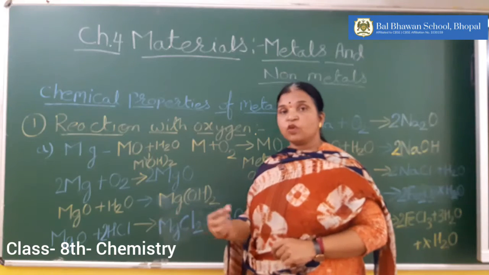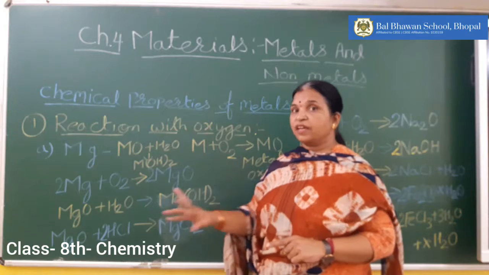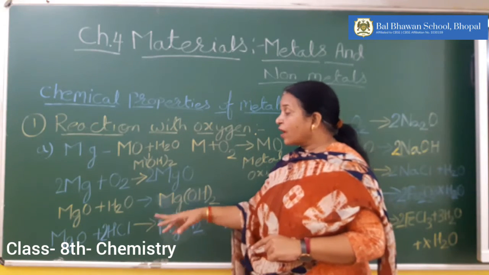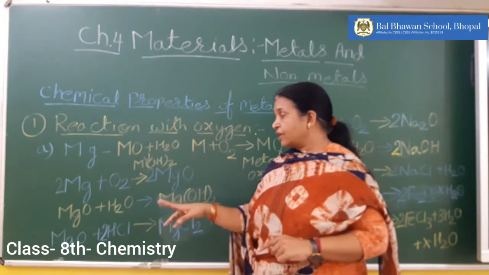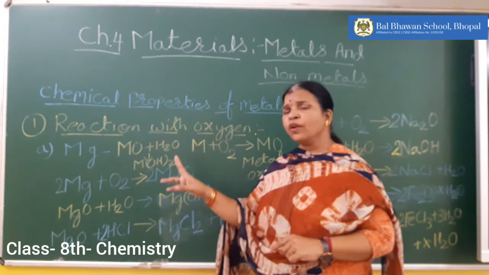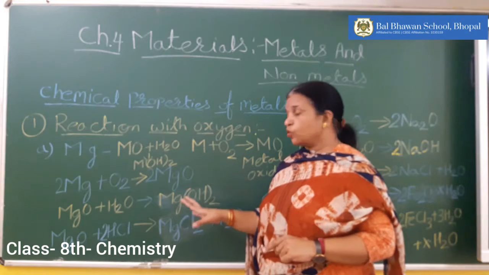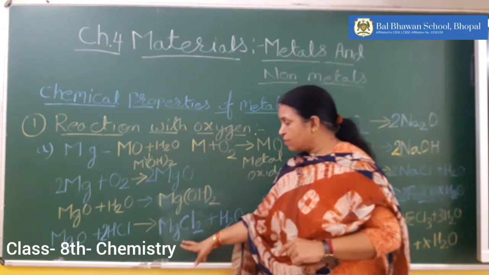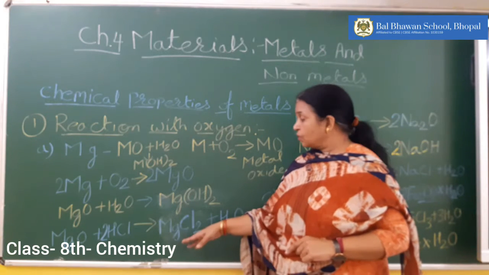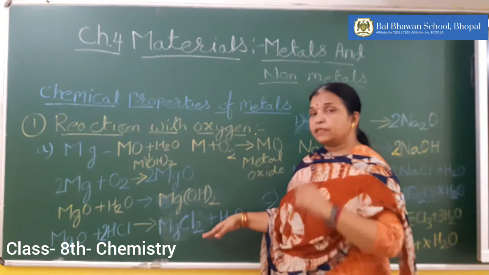Magnesium oxide dissolving in hydrochloric acid indicates that it reacted with the acid. We already know that when any basic substance reacts with an acid, it produces salt. Here you can see magnesium chloride, which is a salt. So this is how this reaction takes place.